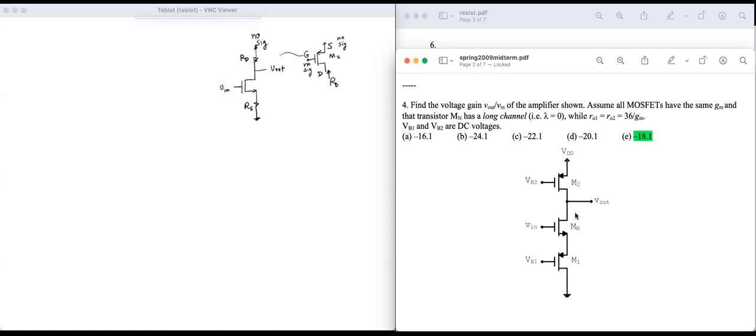What about RS? RS is implemented using M1. So here's M1, another P MOSFET. Again, gate, drain down, and source here. So this is RS. It's the resistance seen looking into the source terminal of M1 with no signal at gate and ground here. So of course, no signal.